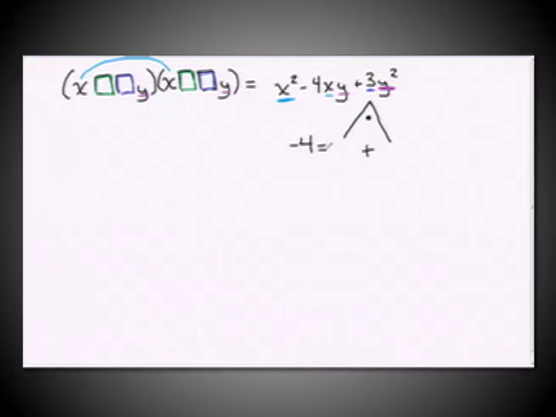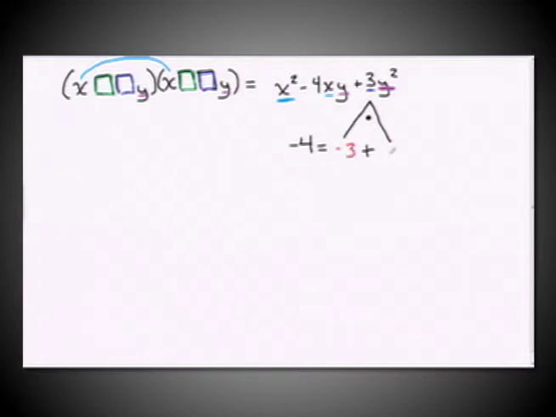So if you think about that, you're going to have two negative numbers, because a negative times a negative is a positive, but a negative plus a negative is a negative. So if you think about it, the factors of 3 are simply 1 and 3, but we need to take them in their negative form.